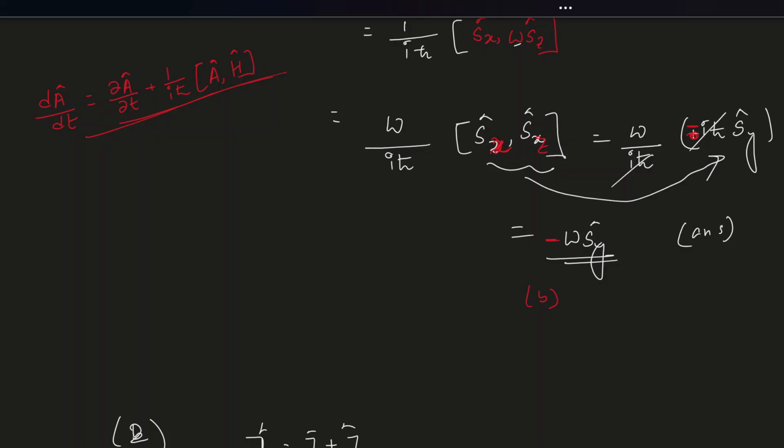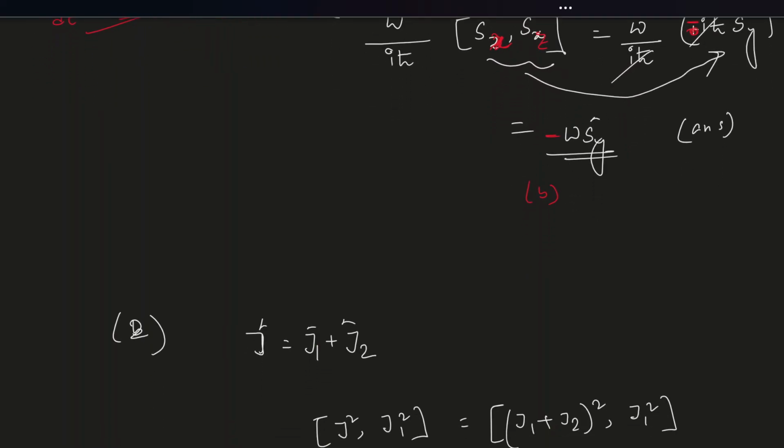J is J1 plus J2 whole square. Now you can decompose this square part, the J1 square plus J2 square.